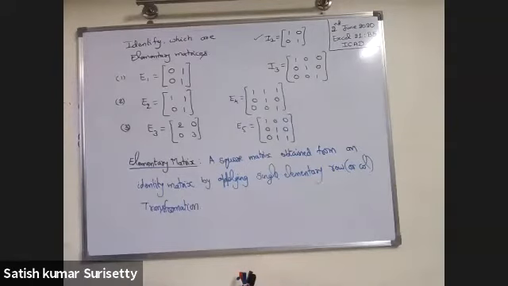You should apply only one operation on the identity matrix and you should be able to get this.